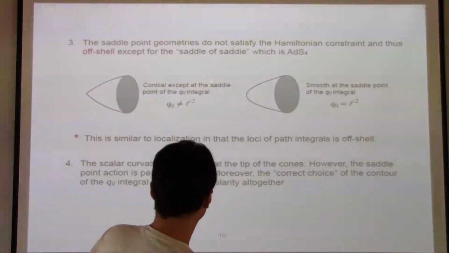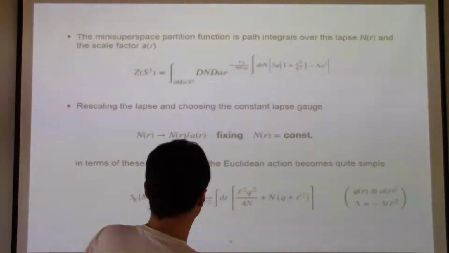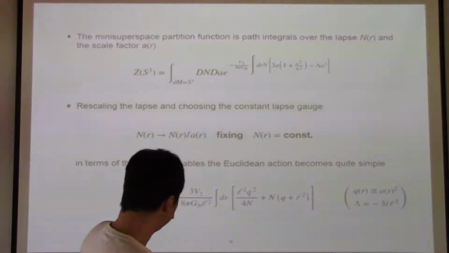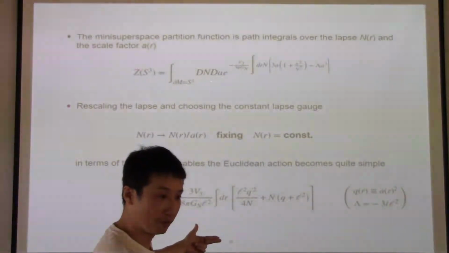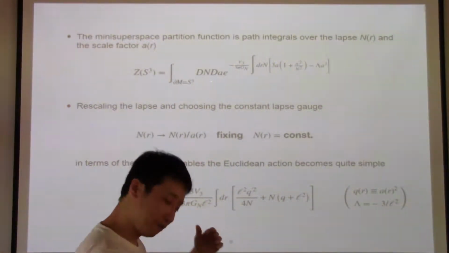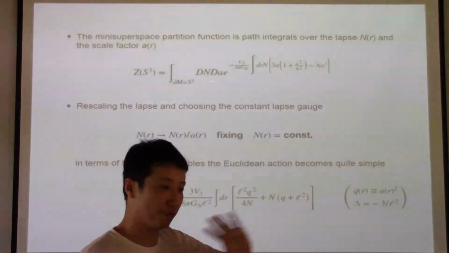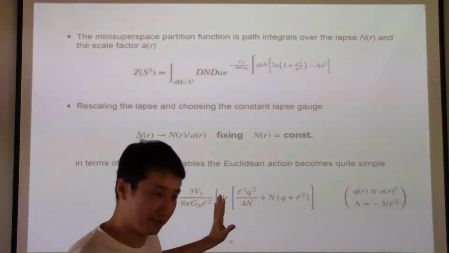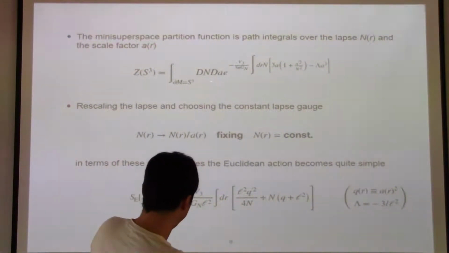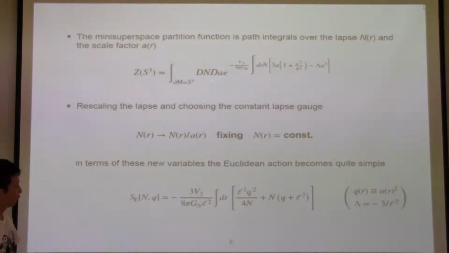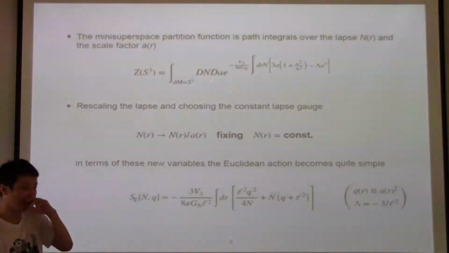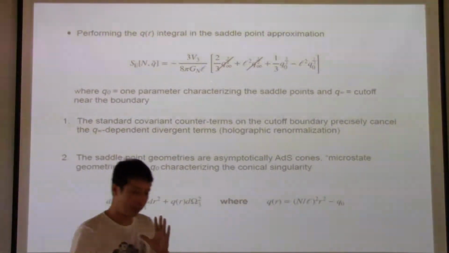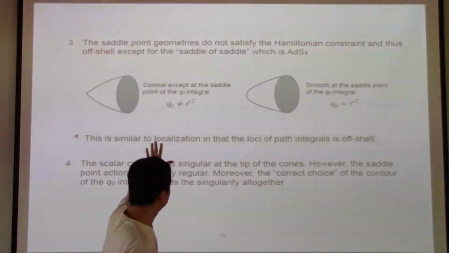Yes, lapse and Q, and we only considered the Q equations of motion. But there are momentum constraints and Hamiltonian constraints. For the momentum constraint, we set the shift to be 0, so it does not appear here. It's an approximation, but we don't impose this constraint from the lapse equation. But you continue to do the path integral over N? Yes, but in the end, it does not matter. That's our argument.